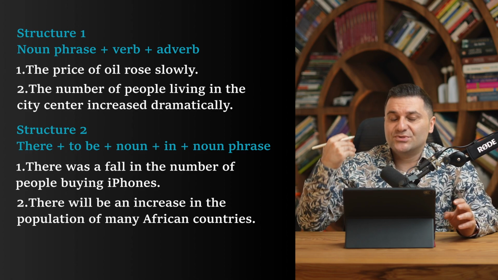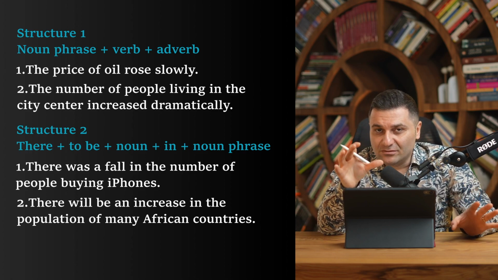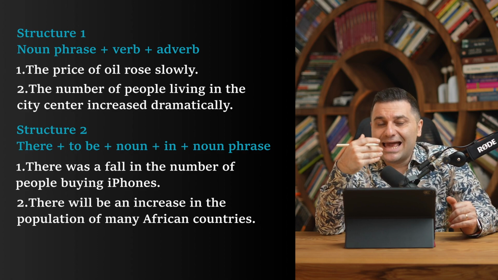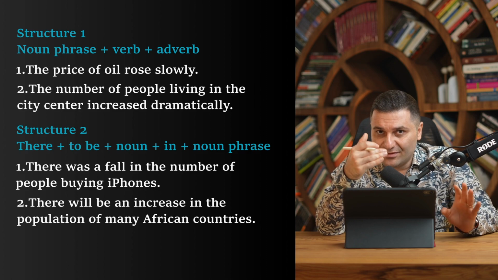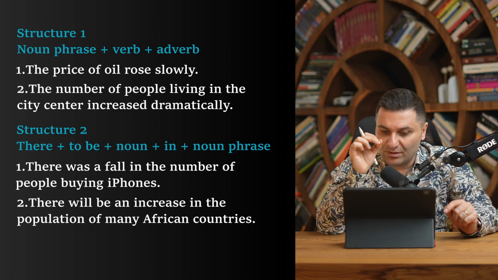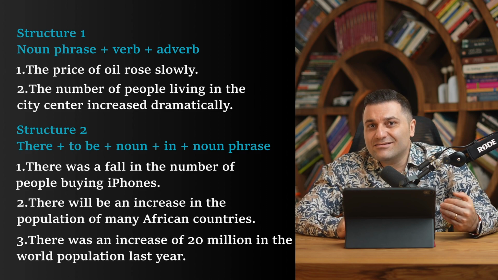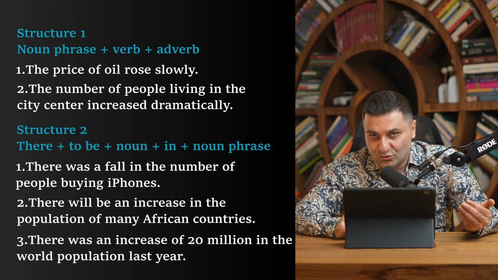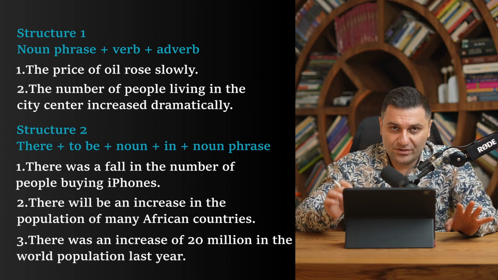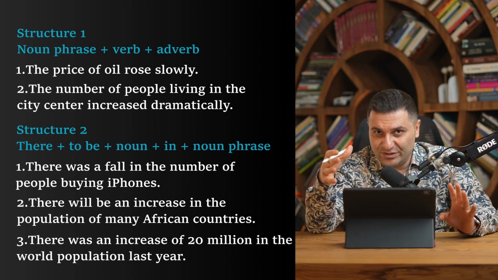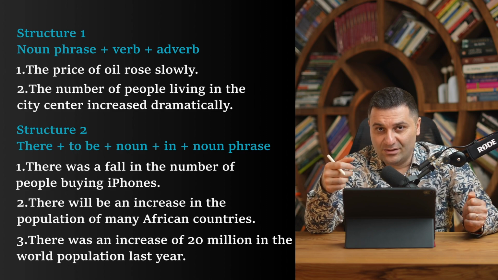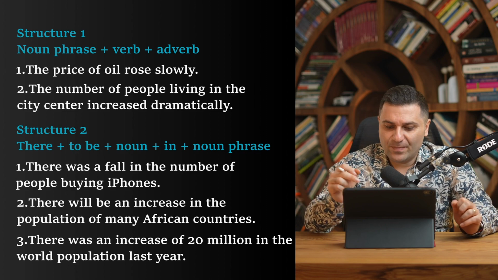So sometimes in the middle noun, in our second simple structure, we can add more details, and the details can be like "of" plus a number. For example, there was an increase of 20 million in the world population last year. So you can see that adding some more details can make our sentences longer and much better.